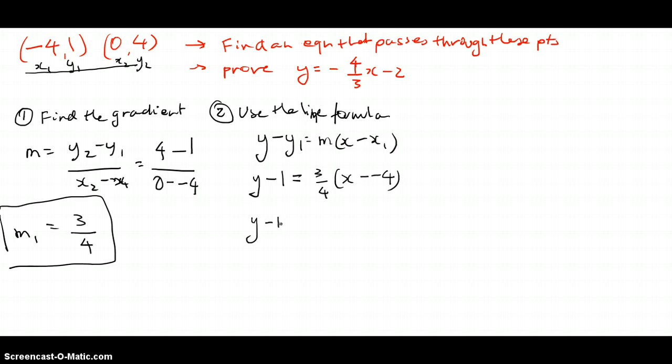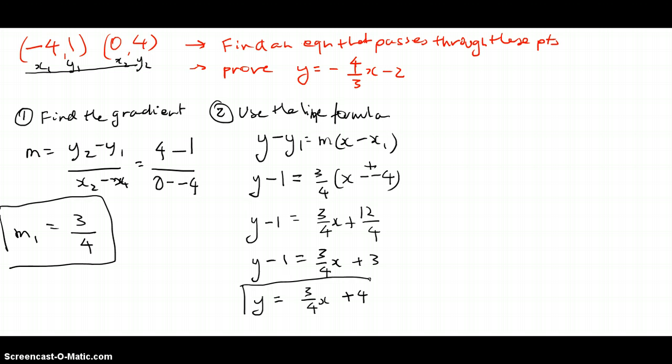Expand everything out, so y minus 1 is equal to 3/4 x, and that's positive, so this becomes plus, so that becomes plus 12 on 4. And so now if we simplify this, y minus 1 is equal to 3/4 x plus 3, y is equal to 3/4 x plus 4. So this is the equation of our line.